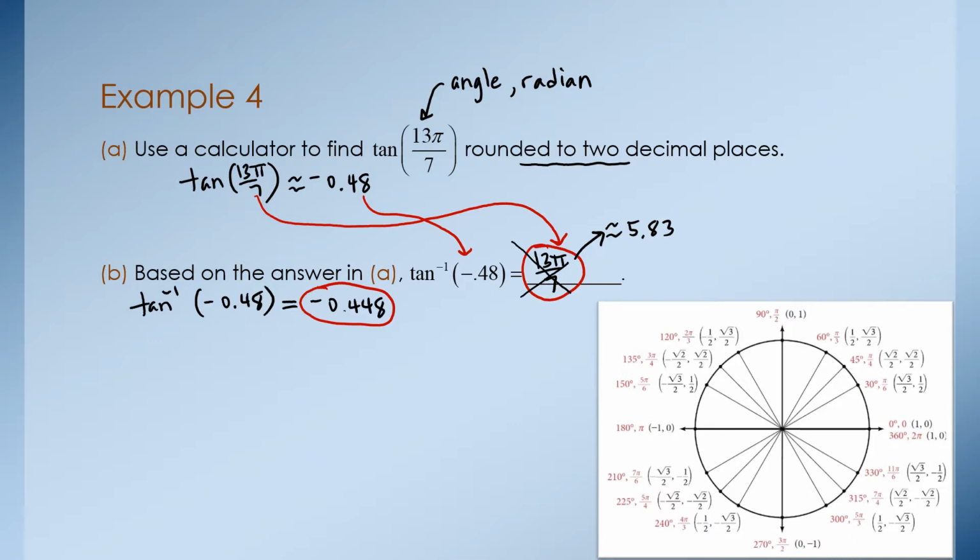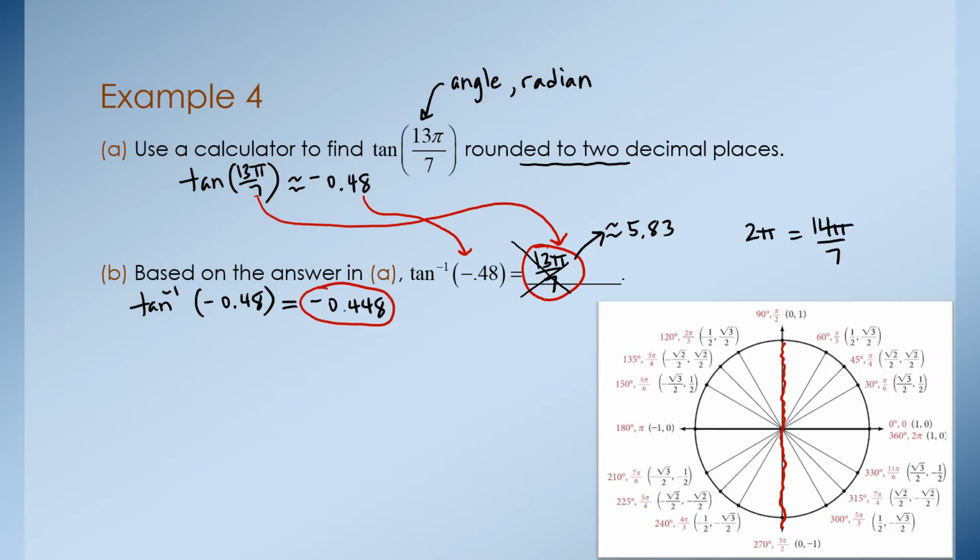Well, if you go back to the previous slide, you will remember that for tangent inverse, I can expect an output to be between pi over 2 and negative pi over 2. 13 pi over 7 is going to break through that border, and here's how I know that. One whole rotation around a circle is 2 pi, and 2 pi is the same thing as 14 pi over 7.